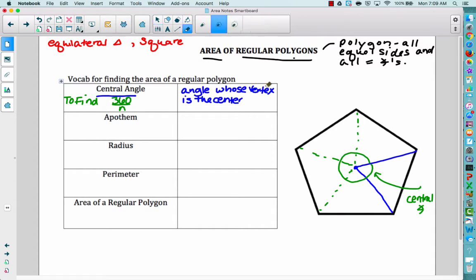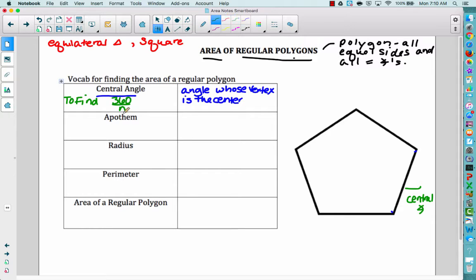Another piece of vocabulary that we're going to know, and let me erase that for now so that you've got it drawn in, is the apothem. Apothem, whichever you feel comfortable saying. Teachers say it differently. It's the distance from the center to the midpoint of a side.